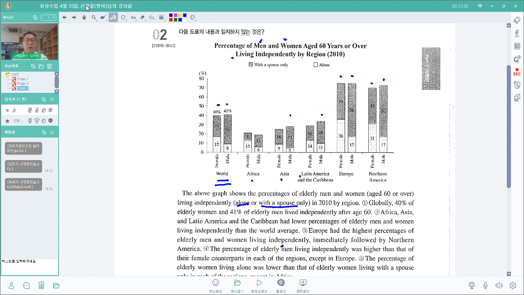Latin America, more men, almost the same, and America, more men. Here it says each region, except in Europe. Europe, almost all the same. And also in Africa, more females live independently than males. So number 4 is not correct information.